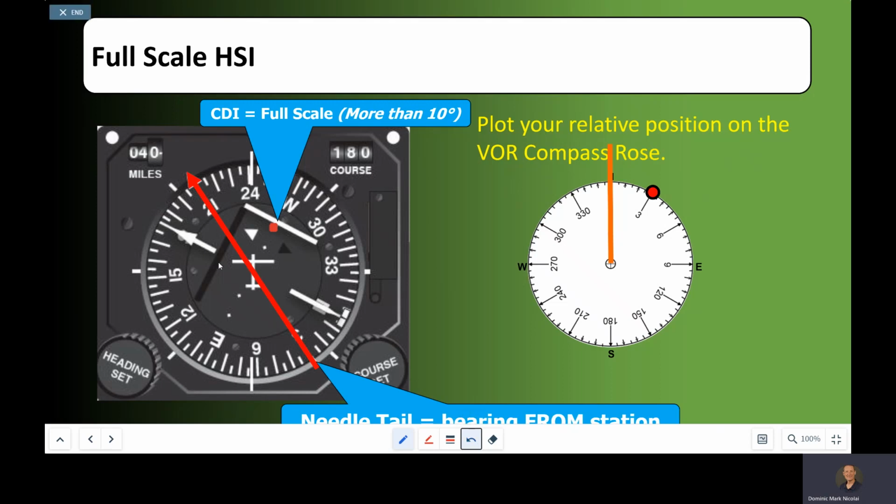I can't use the VOR information because I'm beyond 10 degrees. So I need to switch over to the bearing pointer. I like to look at the tail. Tail tells me my bearing from the station. It's on 030. That puts me on the northeast side of the station. Questions on that? So that's the FAA's doing. That's not mine, right? It's helping you understand their questions.